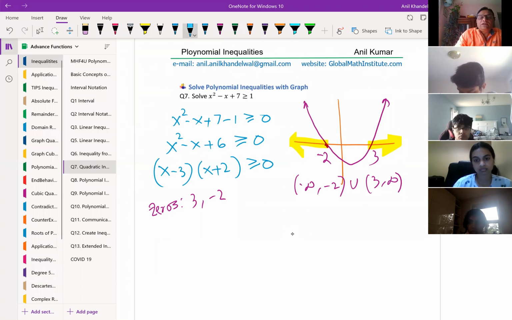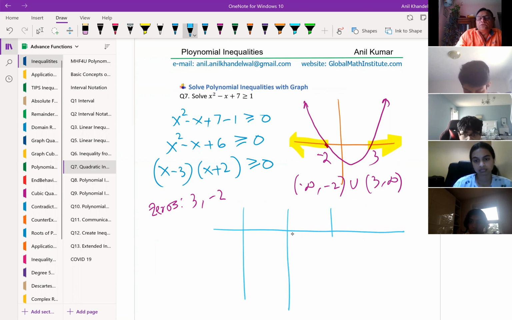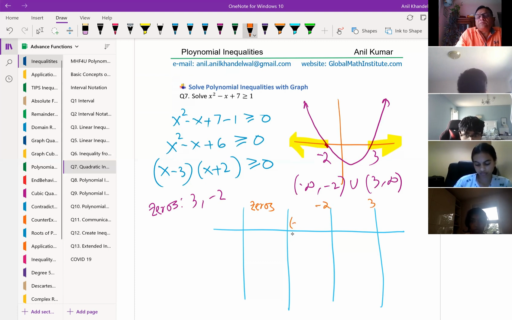So let's see how we solve the same question using an interval table, okay? What we learned here is that we have two zeros. Two zeros will divide the plane in three parts, correct? The zeros are at -2 and at 3. That means we have intervals from -infinity to -2, from -2 to 3, and from 3 to infinity, correct?